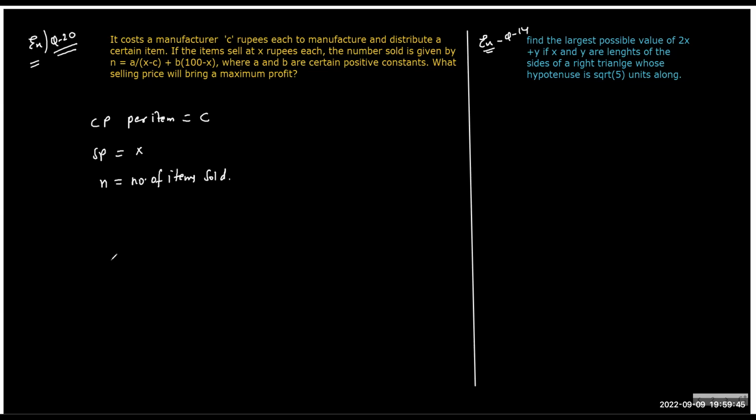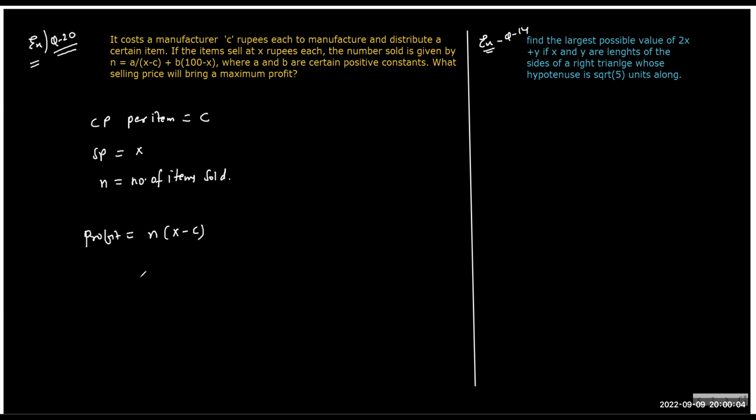So tell me, what is the profit? If I sell everything, how much profit will I gain? N into (X minus C), isn't it? Yes, sir.